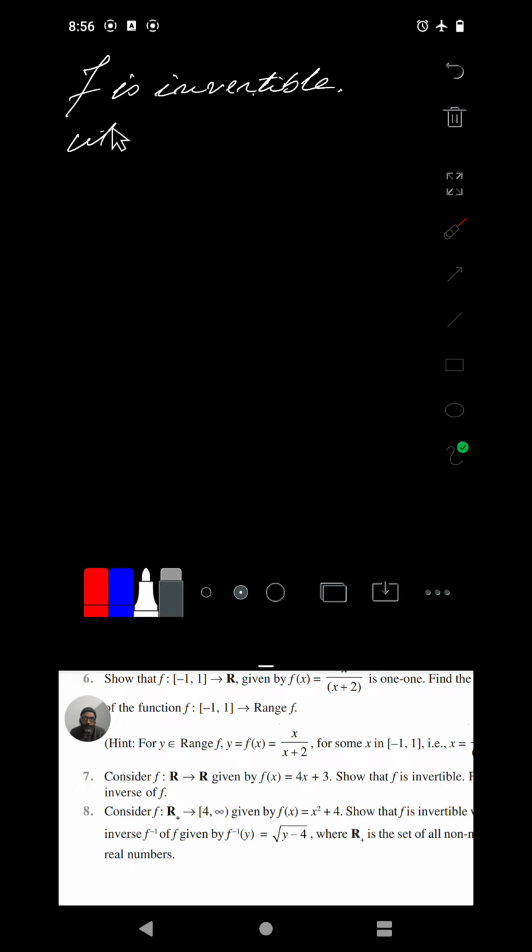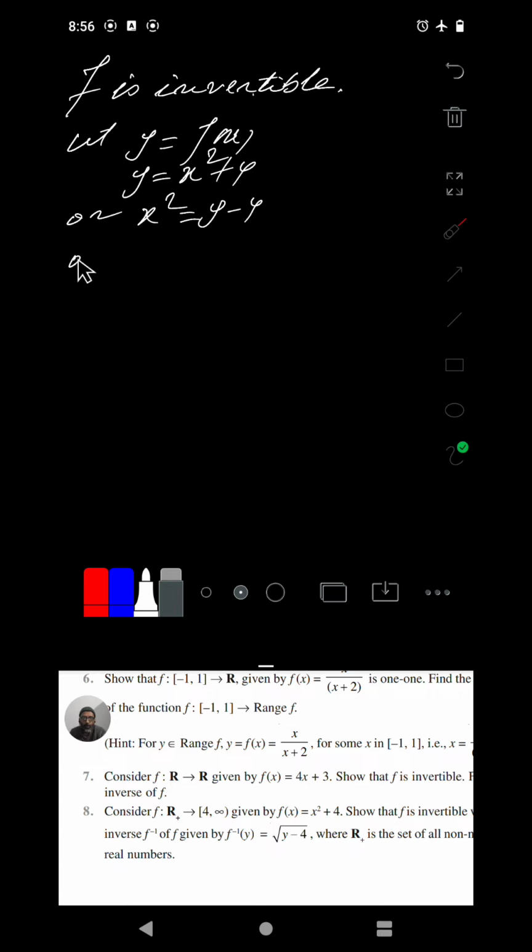So let y is equal to f(x), or y is equal to x square plus 4, or x square is equal to y minus 4, or x is equal to under root y minus 4.